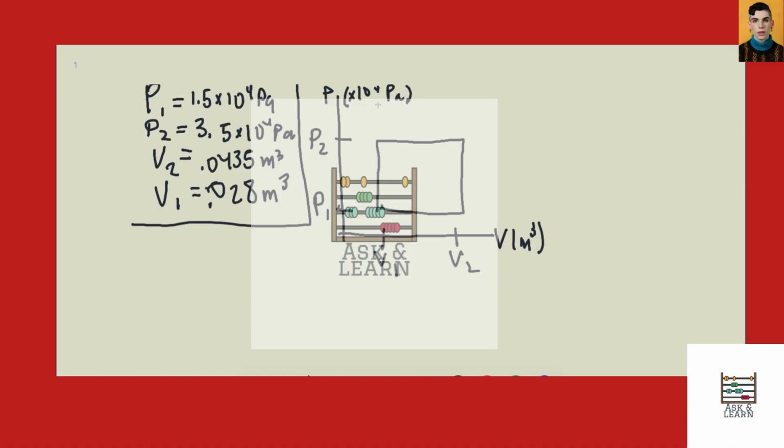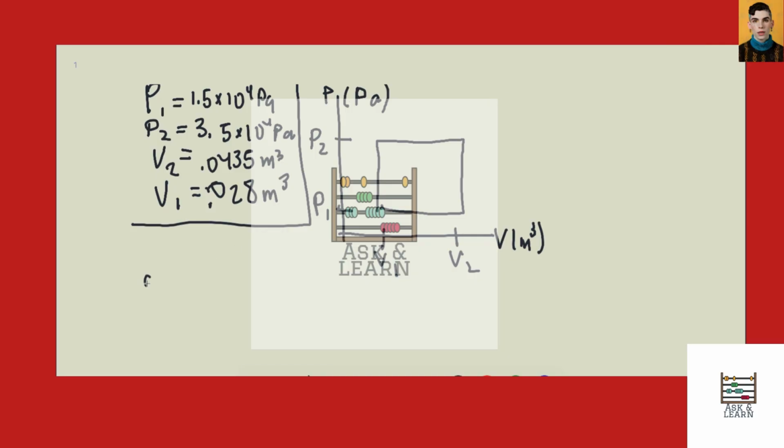And actually, I'll just take away the times 10 to the 4 to make the notation more consistent. Okay, so there's a PV diagram, and our goal is to get the work.